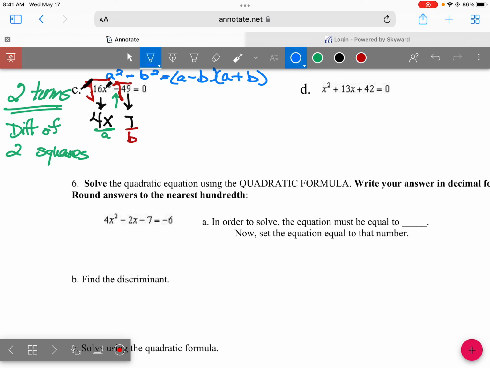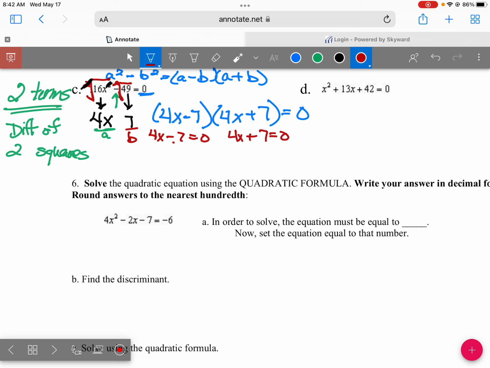So I am going to say 4x minus 7 times quantity 4x plus 7 equals 0, because it was set equal to 0 already. We need to solve. So I say 4x minus 7 equals 0, 4x plus 7 equals 0. Add 7, 4x equals 7.